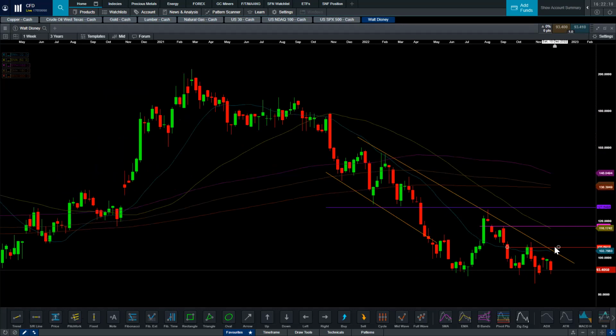If we go above this, then it's going to be 116. And when it gets above this red line, make sure to go risk-free right away. Stop loss is below this shadow.